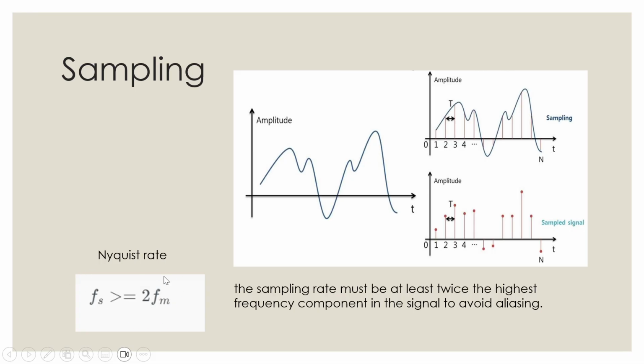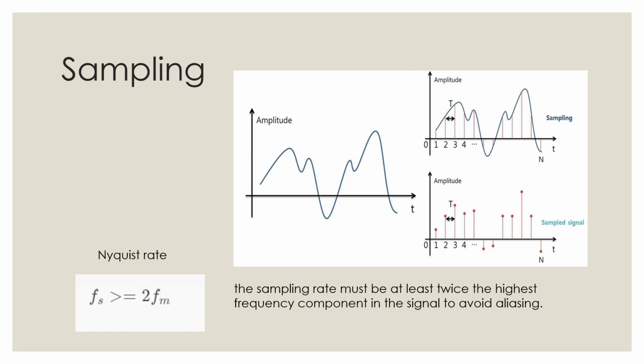The Nyquist rate says the sampling frequency must be greater than or equal to 2 times the maximum frequency of the signal. If the sampling rate satisfies this condition, then we can avoid aliasing. Otherwise, if the Nyquist rate is not obtained, that is if the sampling frequency is less than 2 FM, then the condition is called aliasing.